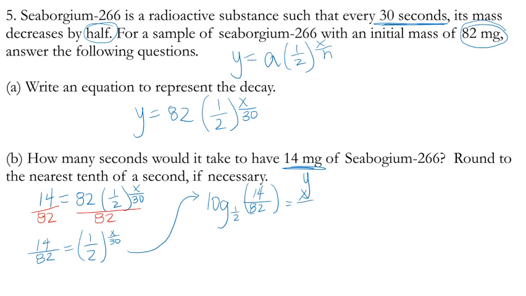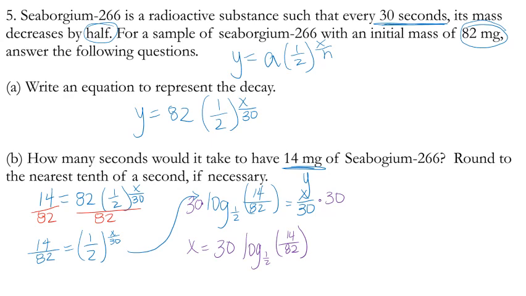This time our exponent isn't just x, it's x divided by 30. Then our next piece is that we're going to want to still get x by itself. So if I multiply both sides by 30, I have that x is equal to 30 times the log base 1/2 of 14 divided by 82.